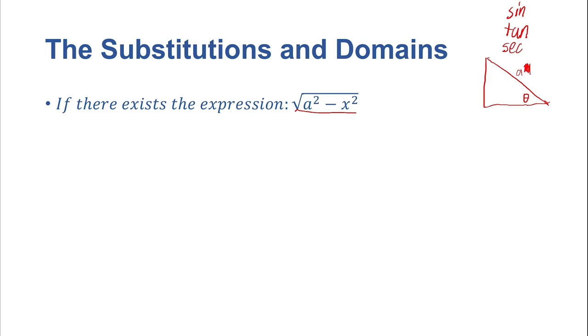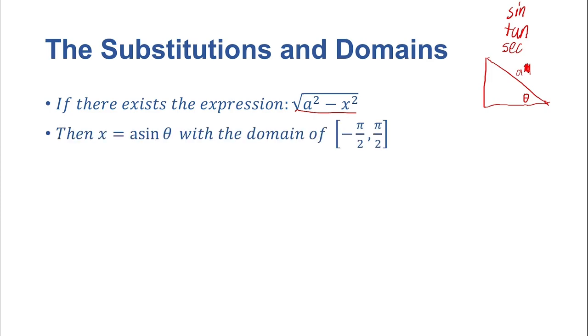And we want our x value to be equal to a sine theta. So then we're going to have x equals a sine theta with the domain of negative pi over 2 comma pi over 2. This isn't terribly important until we start talking about definite integrals. But let's cover this.